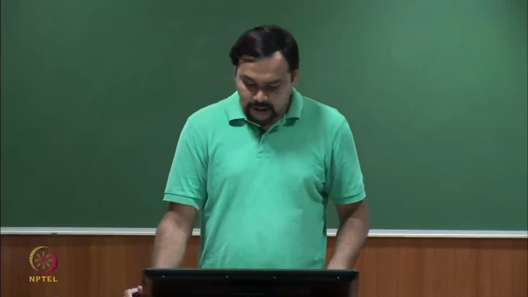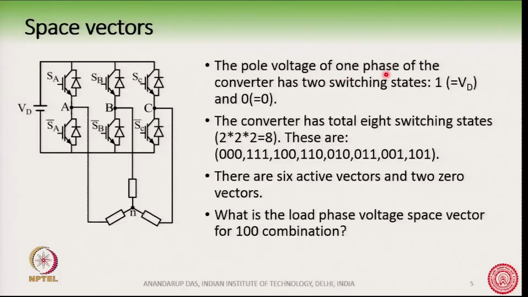Okay. Now, the pole voltage of one phase of the converter has basically two switching states, as we have seen here. In any phase, SA, the upper and lower switches are complementary. So, this voltage VAO, with respect to the O point, which is the negative of the DC bus, can be either VD or 0, right.